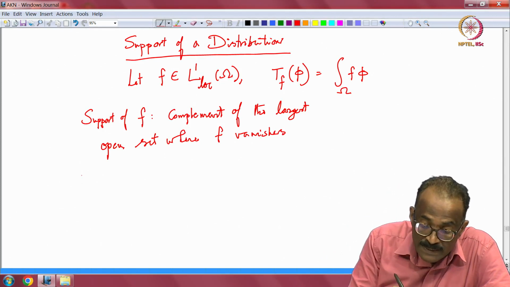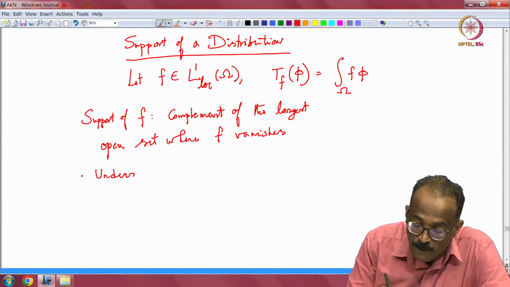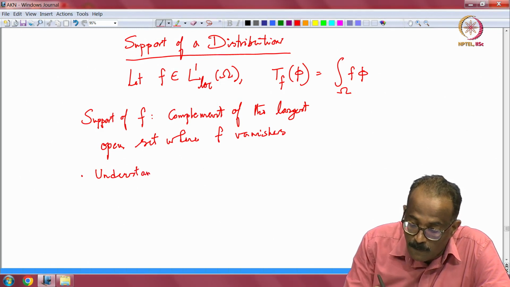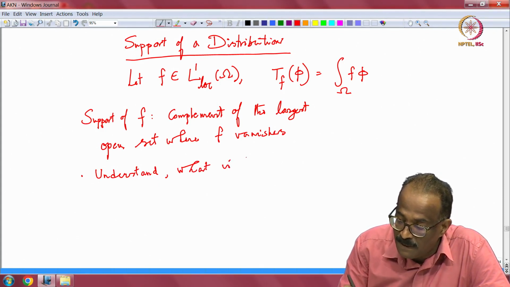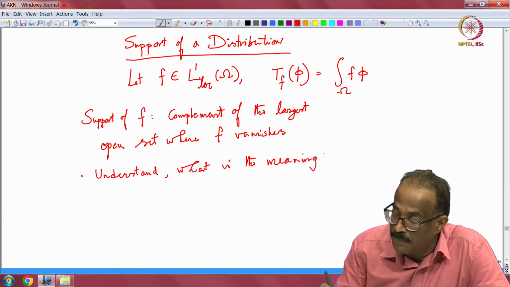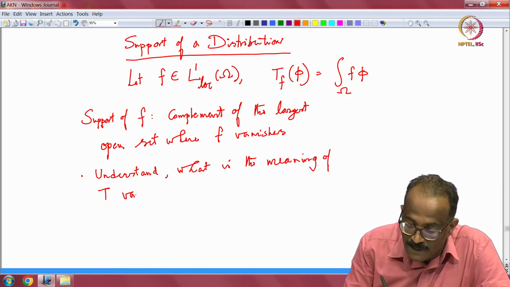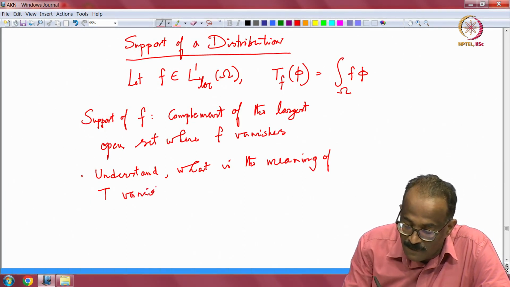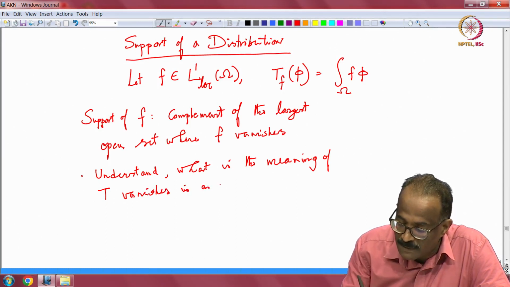So, you have to understand what is the meaning of T vanishes, which is a very interesting concept: the meaning of T vanishing in an open set.